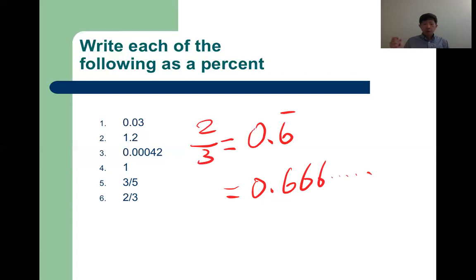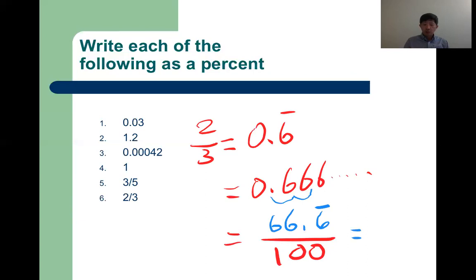But we just want to make it 100 over on the top. We divide by 100, so we're moving the decimal point 1 and 2, so 66.6 repeating, is that right? So therefore, since we are over 100, we have 66.6 repeating %, right? So this is how we convert from a fraction to percent, okay?